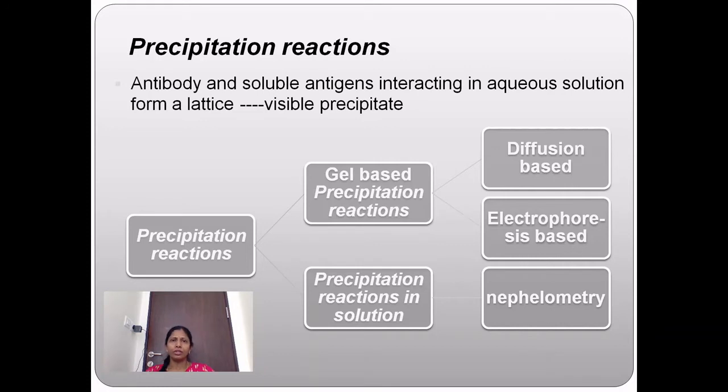In case the precipitation reactions are occurring in solution, the amount of precipitate that is formed can be quantified by processes like nephelometry. Gel-based precipitation reactions are of two major types, namely diffusion-based and electrophoresis-based. Let us look at all these reactions in detail.